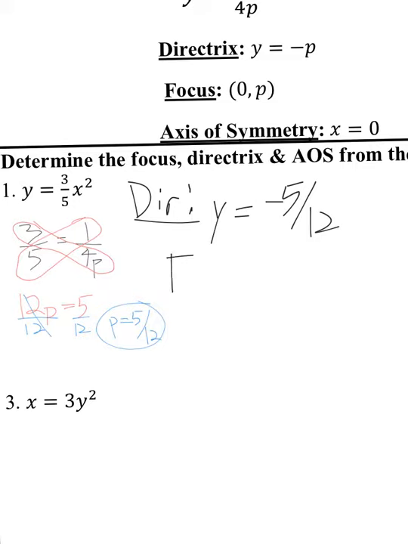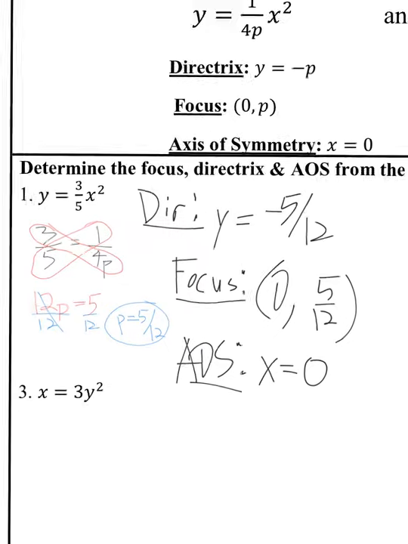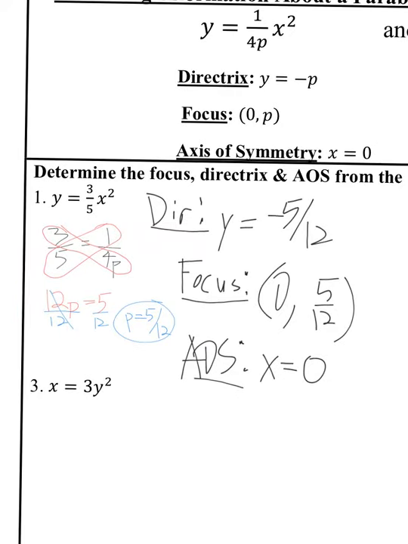My focus is just 0, 5 over 12. And then my axis of symmetry, or AOS, is simply x equals 0. And that's all there is to say about number 1.